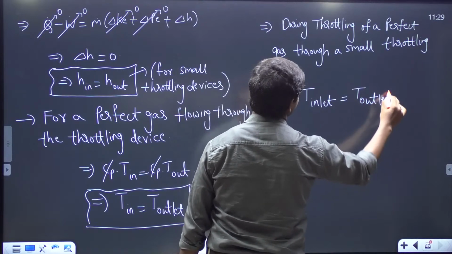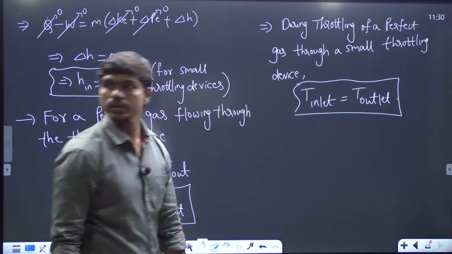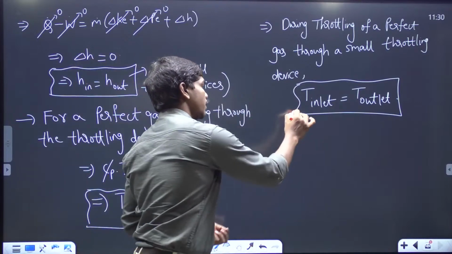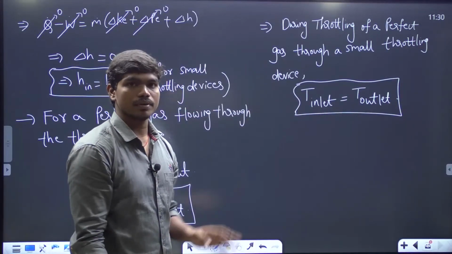Means the total temperature change within the process is 0. Okay. So in the GATE examination, they'll ask you this question. They'll give you the initial temperature and they'll ask you for the final temperature, but generally they are the same actually.